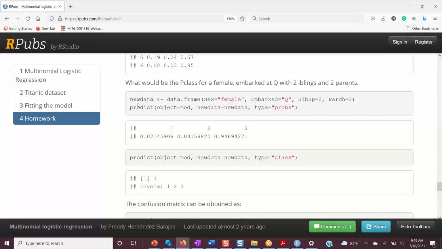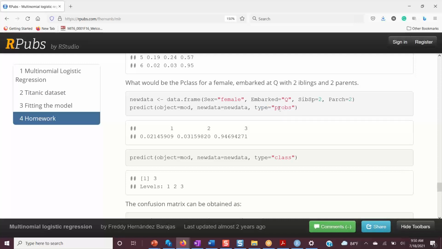You do that. And sometimes you may have new data, so you can use the new data to predict. There is a function called predict. Object is the model, and the new data is newdata. Type is whether you want probability or odds. You can do both.